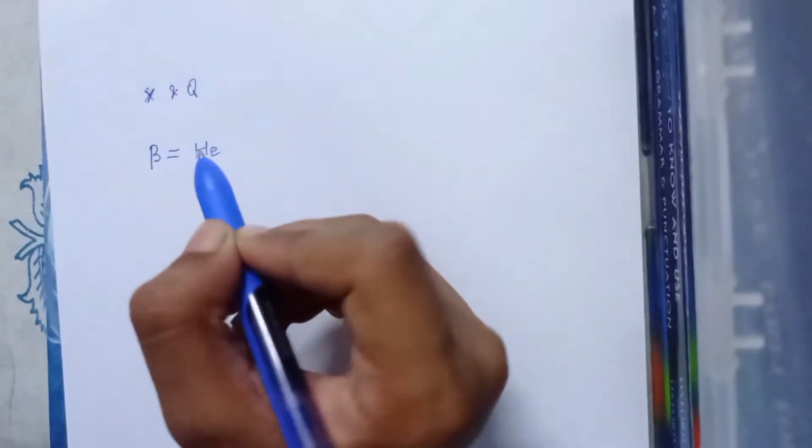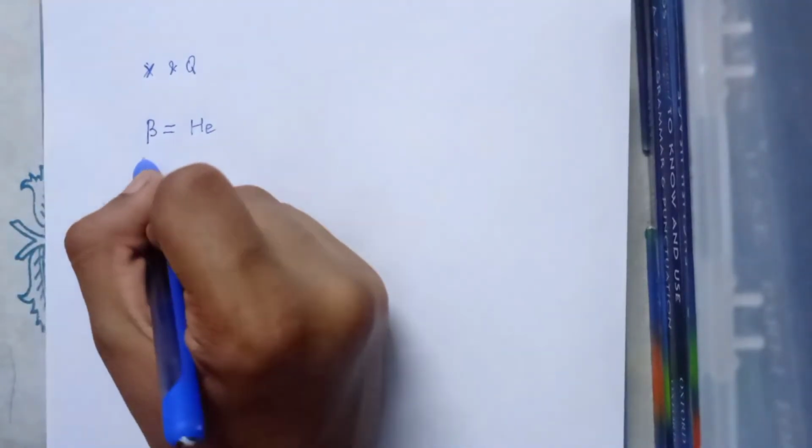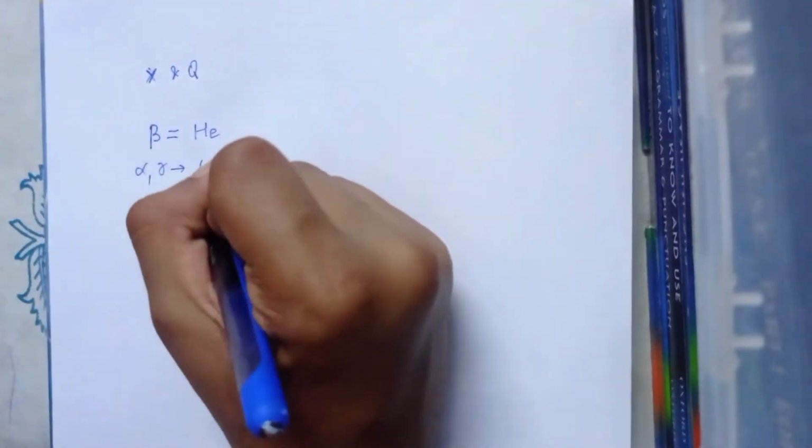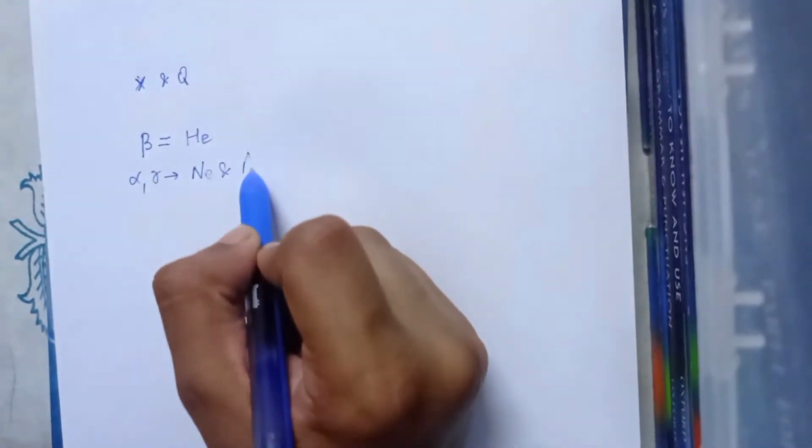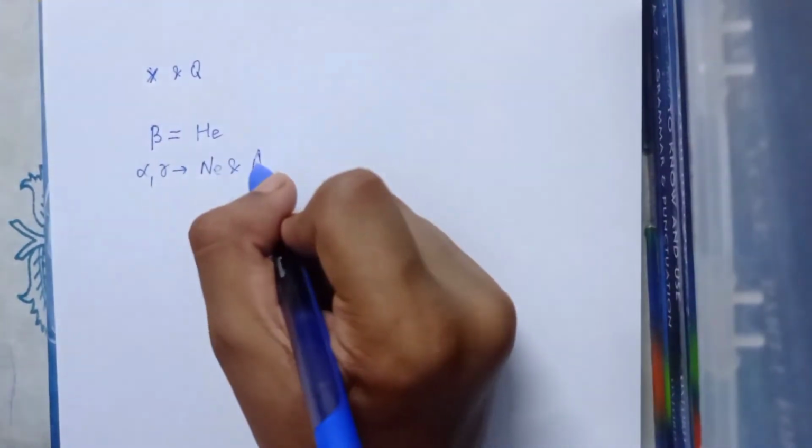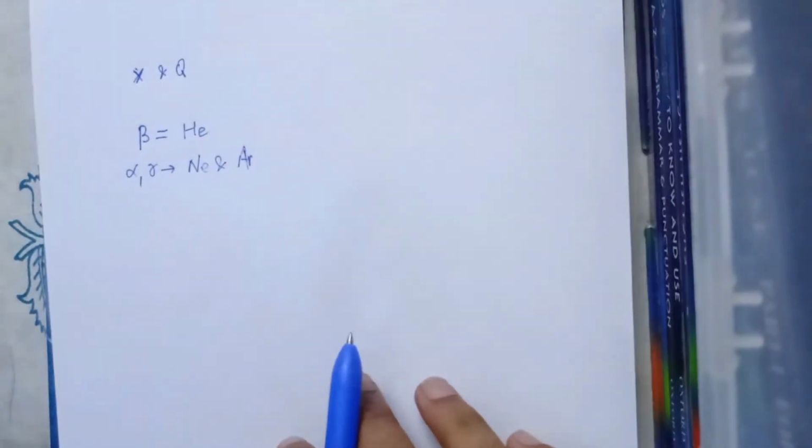So beta equals helium. First answer. Nothing has been mentioned further, so we can infer that alpha and gamma are neon and argon. Now we have done our A part.